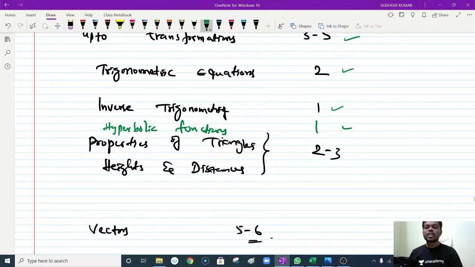And properties of triangles, heights and distances are 2 to 3 marks. Then vectors. Vectors is 5 to 6 marks. That's all.